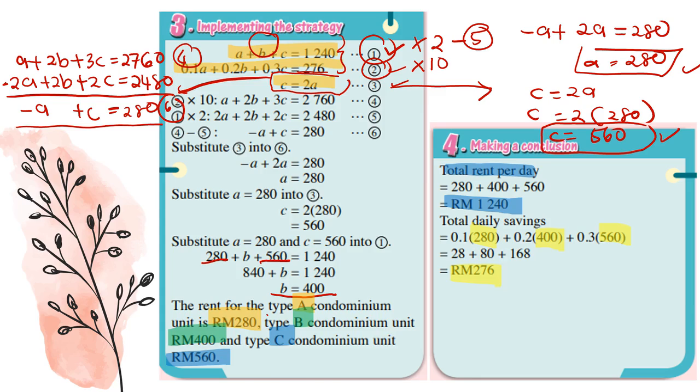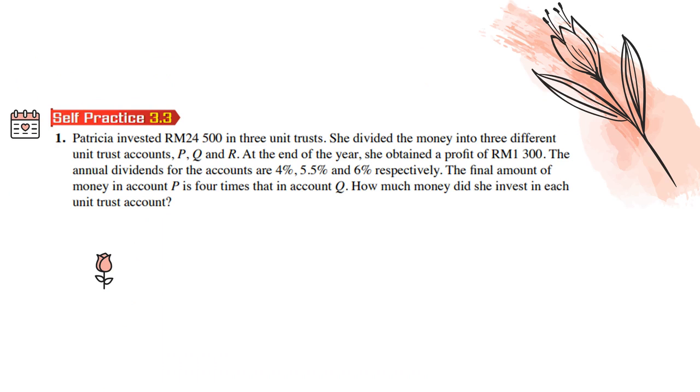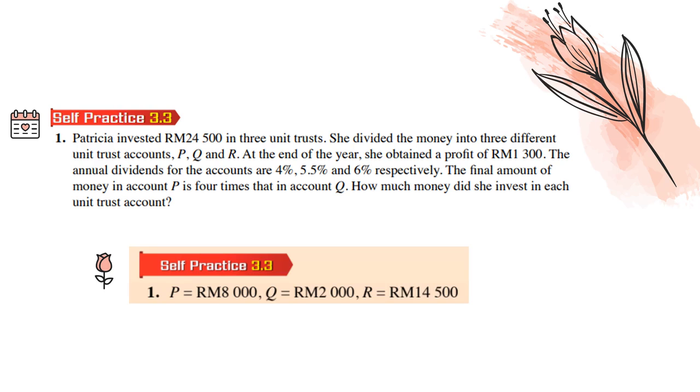Okay, please do the solving problem question, sub-practice 3.3, question number 1 only. Then you can check your answer later. Before you get the values for P, Q, and R, make sure that you make the three equations with three variables.